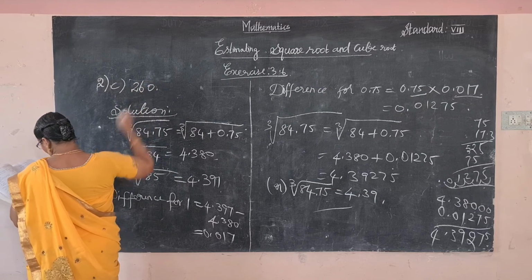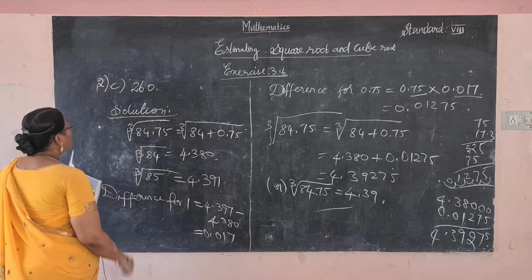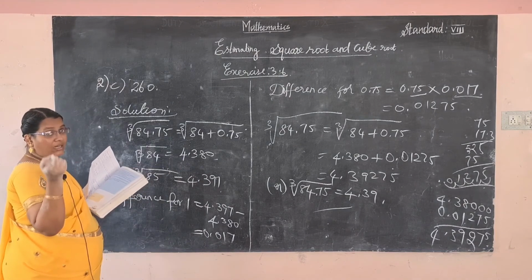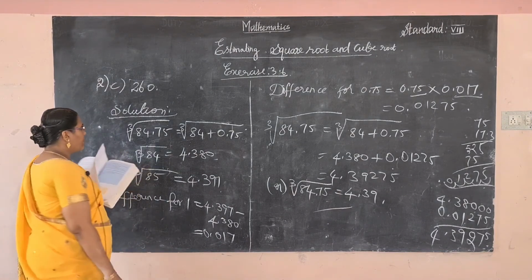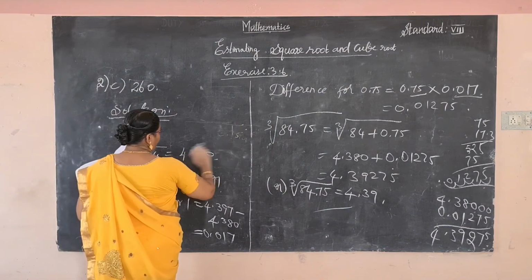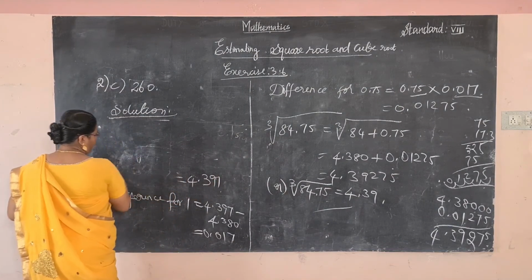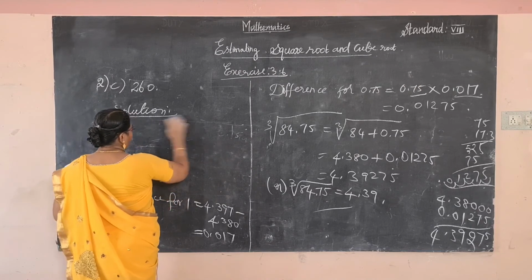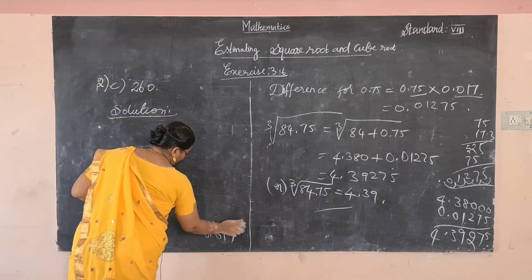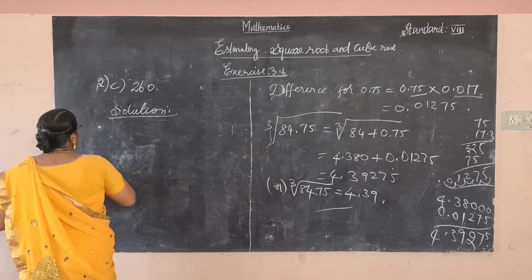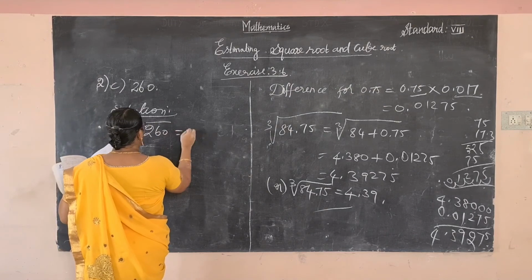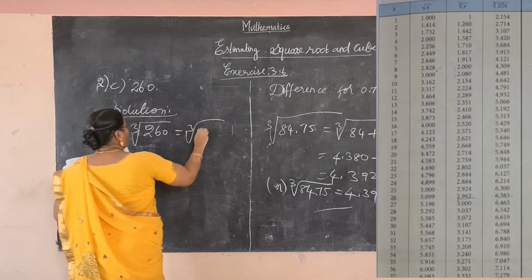260 is given. Okay. So tens are there. So we use the cube root of 10x. The cube root of 10x we have applied in this place. Okay. So the cube root of 260 can be written in 10x format.